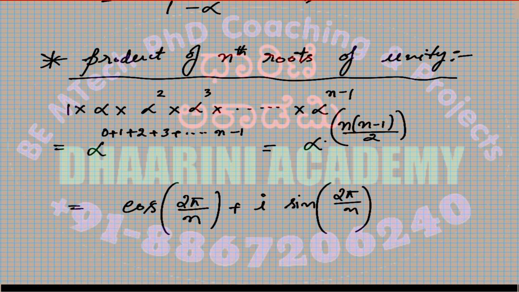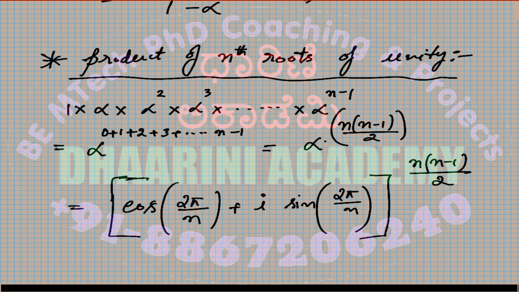Okay, so let us substitute. When I write n into n minus 1 by 2 and bring that inside these brackets, I'm going to get a simplified answer. Okay, and that value is, just a second, this is n into n minus 1 by 2 in the power.